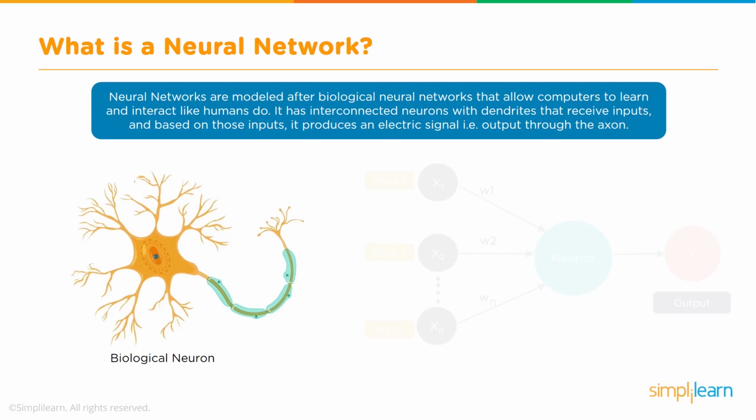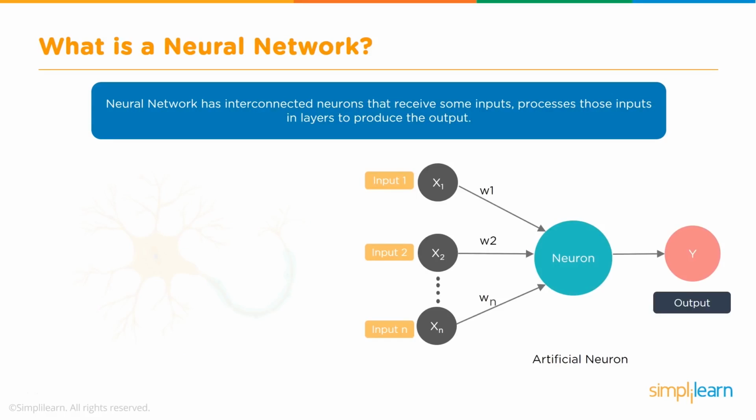This is how a biological neuron looks, and this is how an artificial neuron looks. So neural networks are like a simulation of our human brain. The human brain has billions of biological neurons, and we are trying to simulate it using artificial neurons.